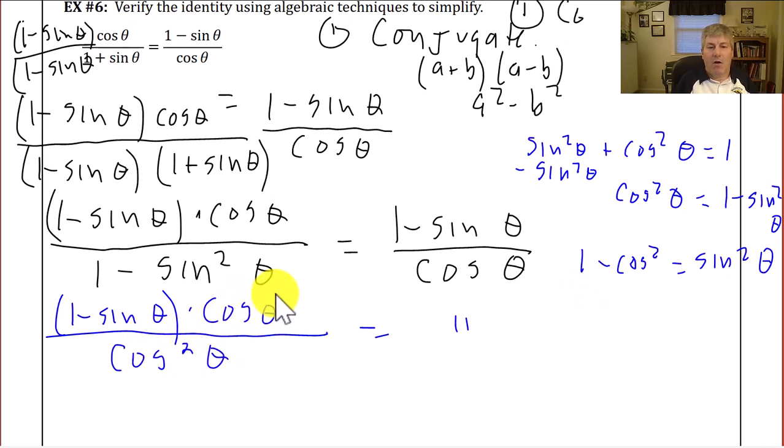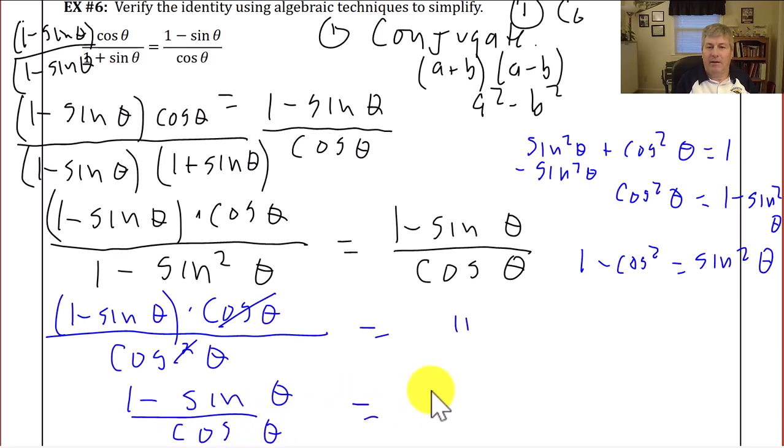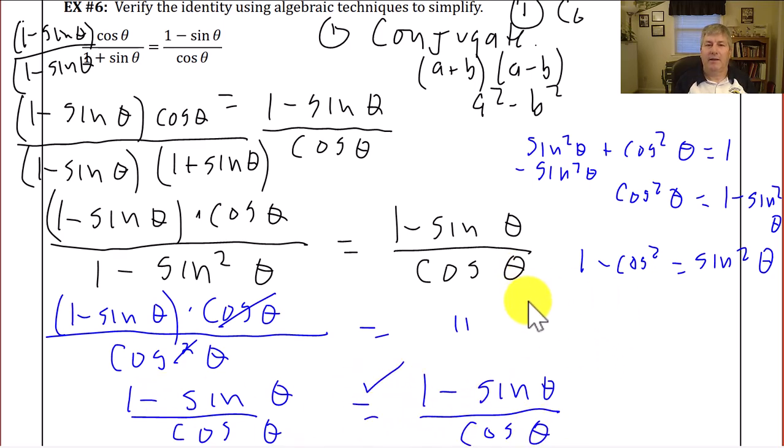Well, now one of my cosines can cancel, and I get 1 minus sine of theta over cosine theta does indeed equal our right-hand side of 1 minus sine theta over cosine theta, and we have verified that identity.